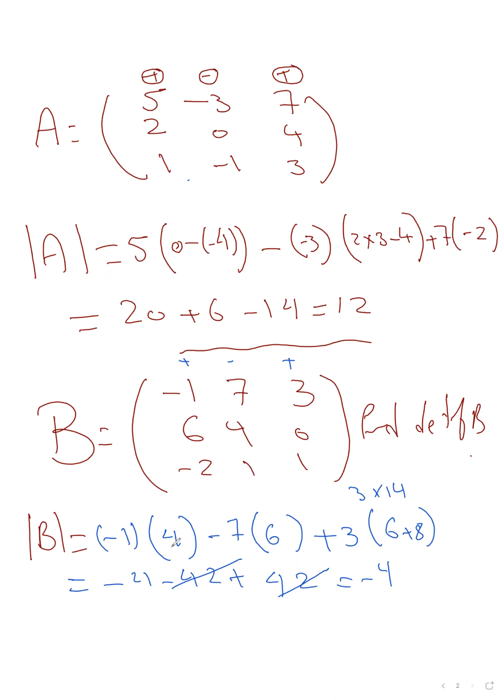The second one is minus the second element in the first row, 7, cancel its row and its column: 6 times 1 is 6 minus 0 times negative 2, so 7 times 6. Take the third element in the first row, which is 3, cancel its row and its column. Find the determinant of this part: 6 times 1 is 6 minus 4 times negative 2 is positive 8, and add the result.